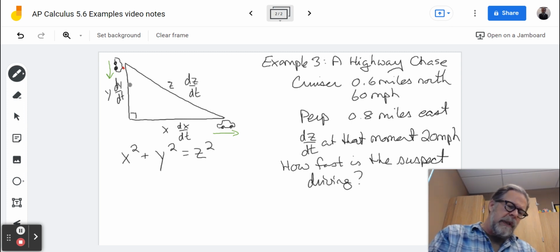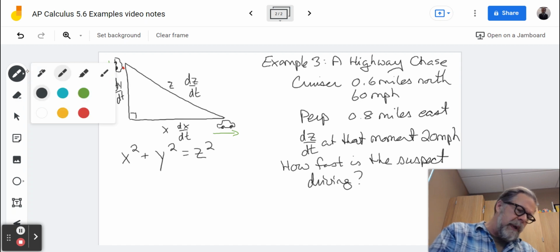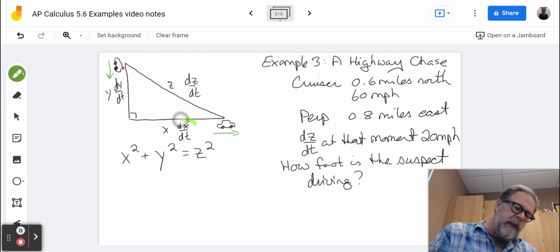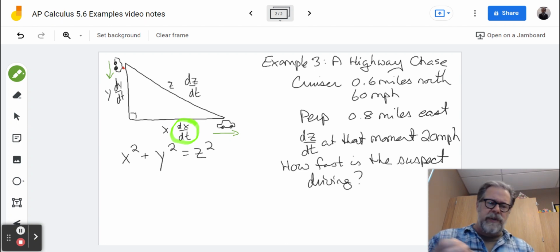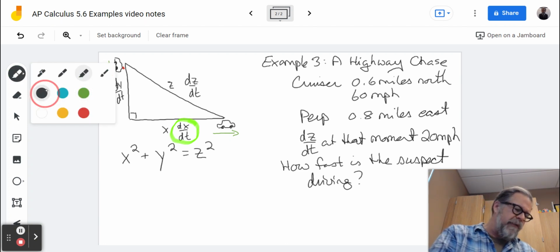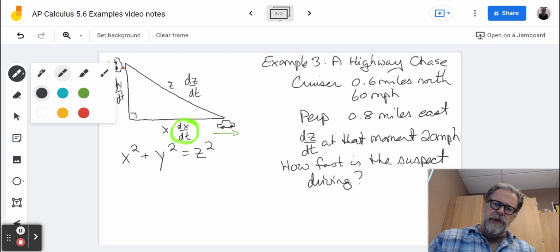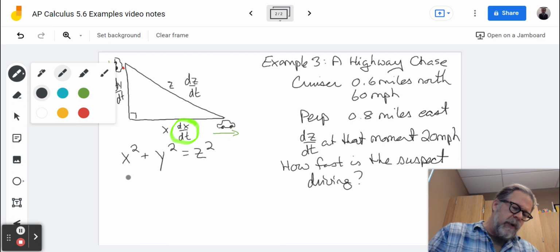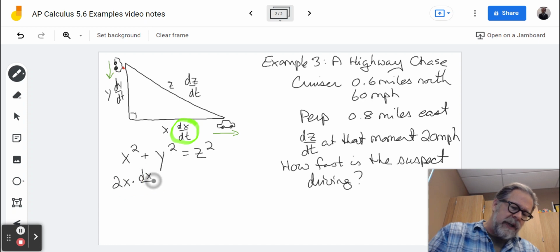We're going to be looking for a derivative. So let me go ahead and circle in green the thing we want to find. We know some derivatives and some distances. So let's find the derivative of this equation, and we're going to do this implicitly. First of all, the derivative of x squared is 2x dx/dt.